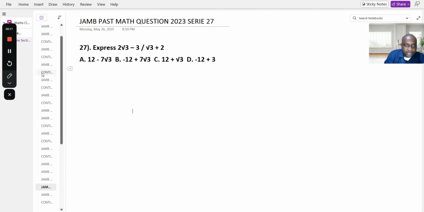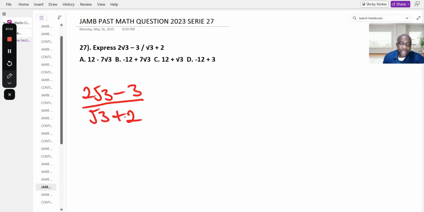Let me write out the question again. Square root of 3 plus 2. When you have something like this, if you want to calculate the surd, we are going to multiply the denominator on both the numerator and the denominator.